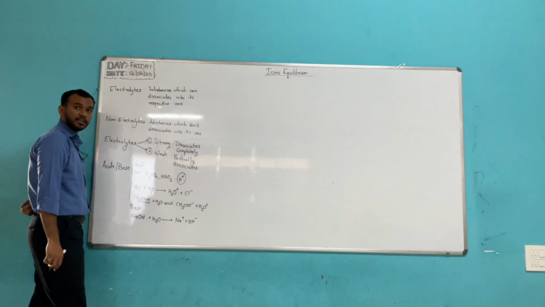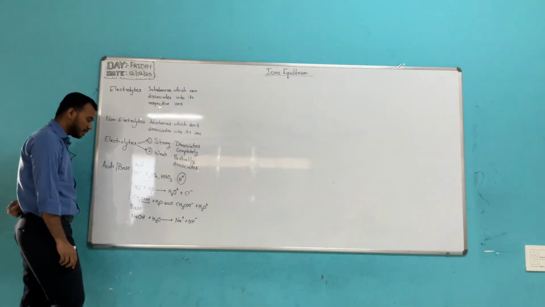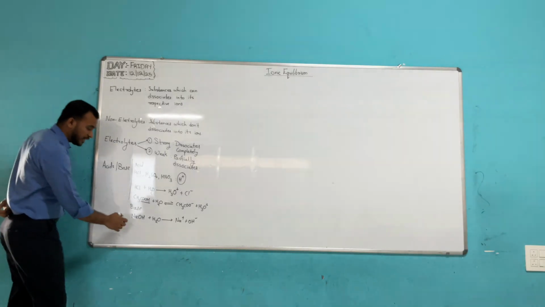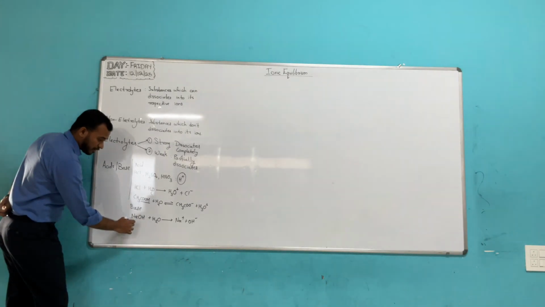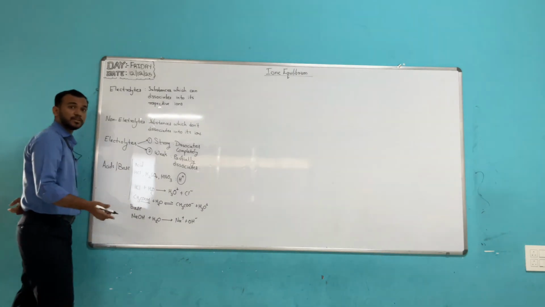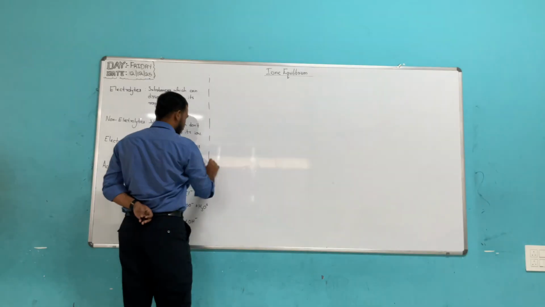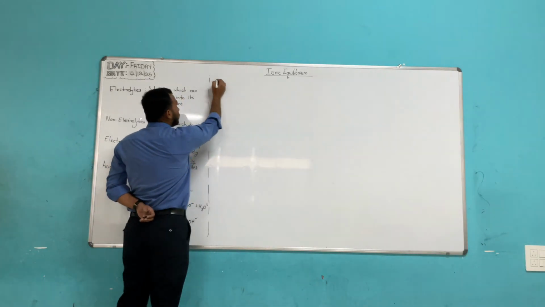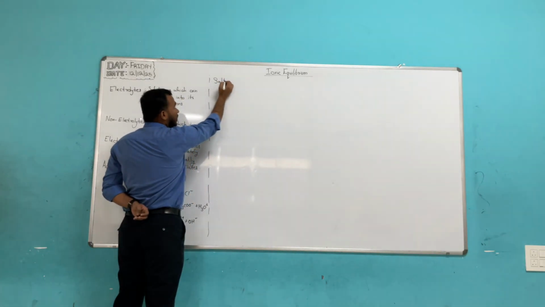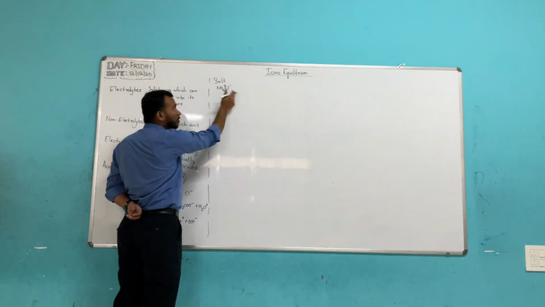That water reacts with the OH minus ion. Understood? Now, when it reacts with the ions, suppose we take a salt. An example of salt is NH4 plus and Cl minus, that is ammonium chloride.